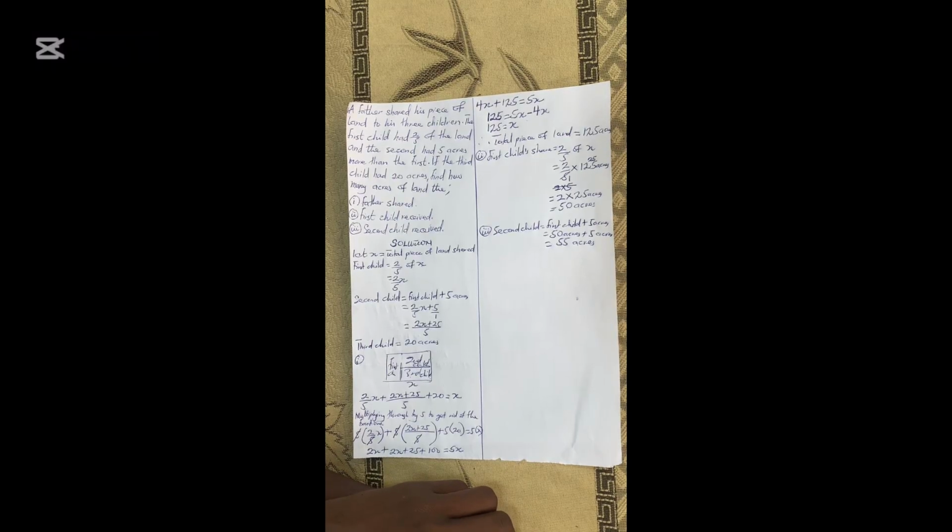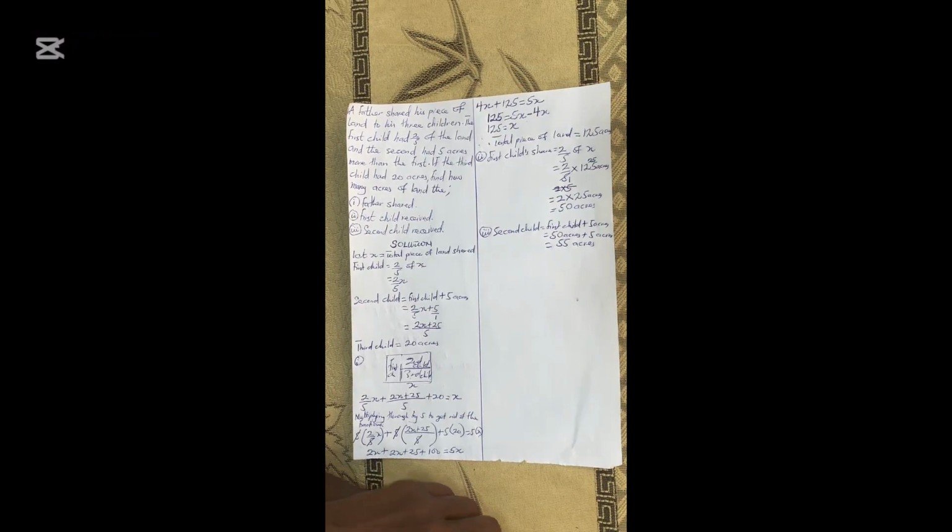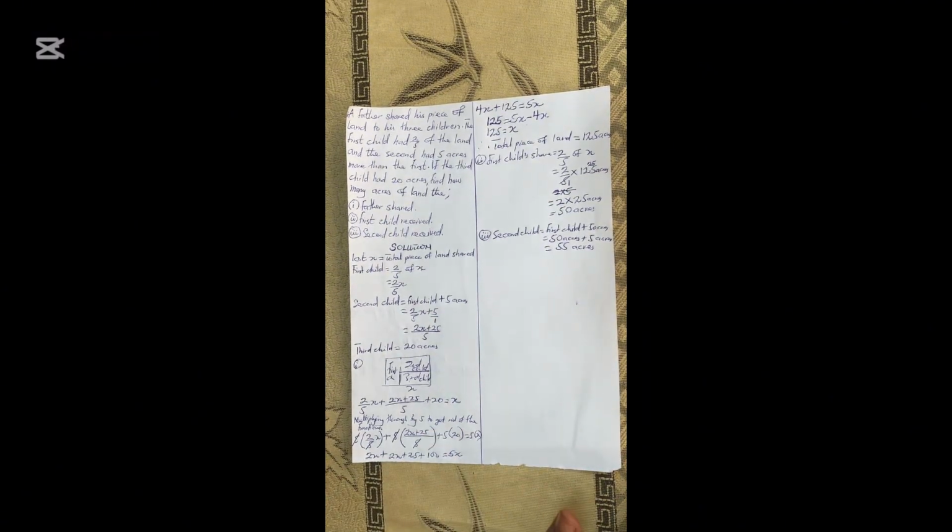Nice one. So we are done. This brings us to the end of question 4 of the BECE 2025 mathematics paper. Now, before I say anything, how do we verify that everything we did is correct?